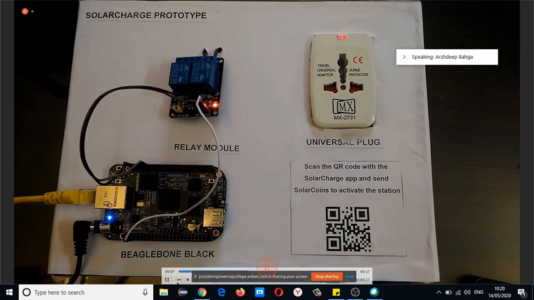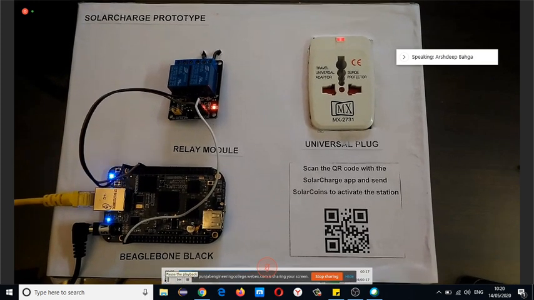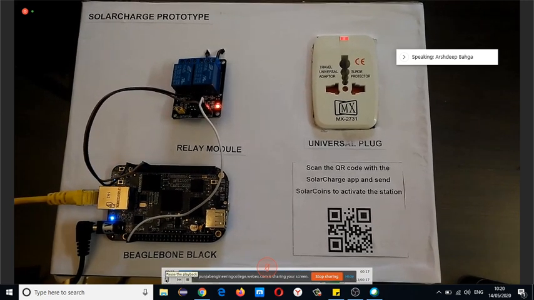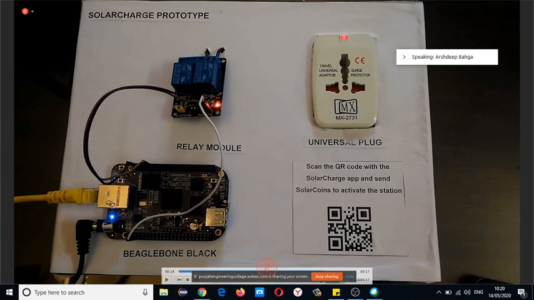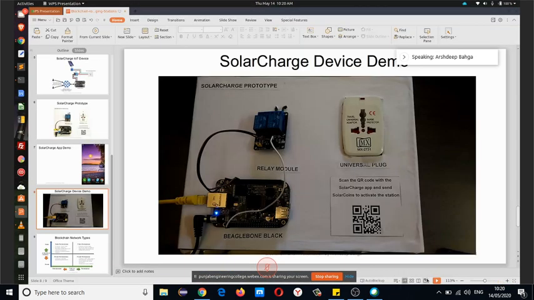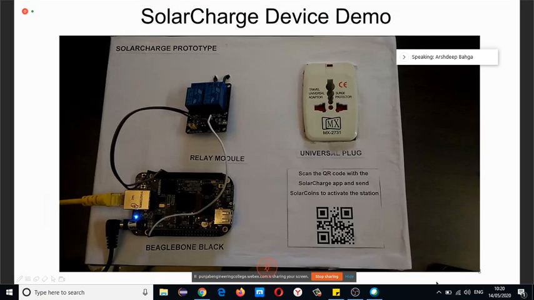So what is the benefit of setting up such a system using blockchain, and how does it differ from a centralized system? This system differs from any centralized system because these charging stations are deployed in a fully decentralized manner.